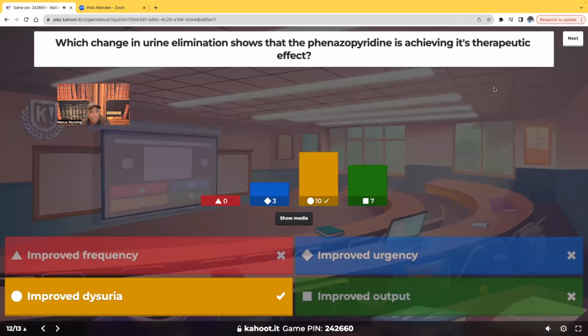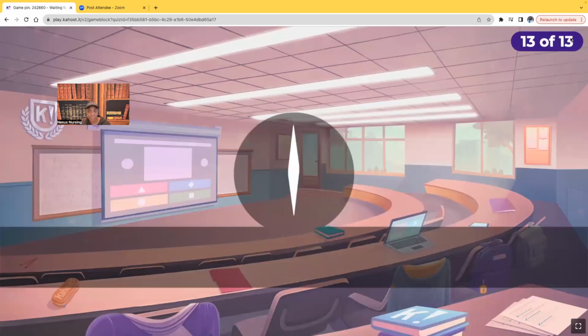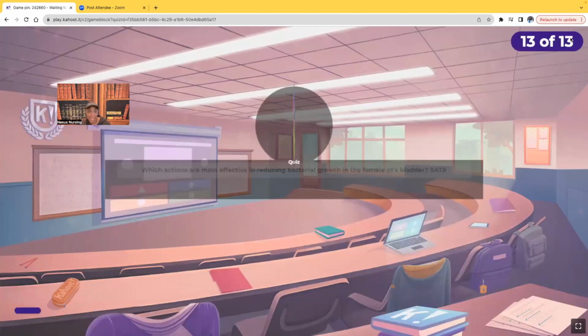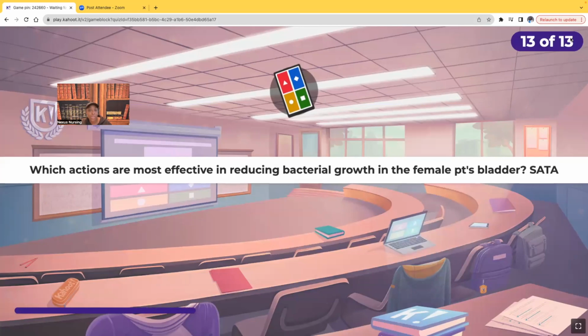All right, very good. Most of you chose the correct answer. Improve dysuria, because remember, it's an analgesic, so it's going to help decrease that pain that the patient has when they urinate. Okay, guys, last question. Select all that apply. Which actions are most effective in reducing bacterial growth in the female patient's bladder?